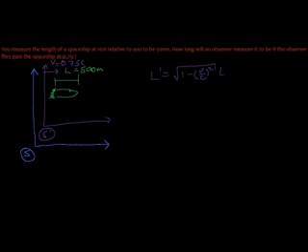Now, the question tells you that you measure the length of a spaceship at rest relative to you. So it seems stationary from your point of view, while from S prime's point of view, they would see the rocket traveling at some velocity to the left.